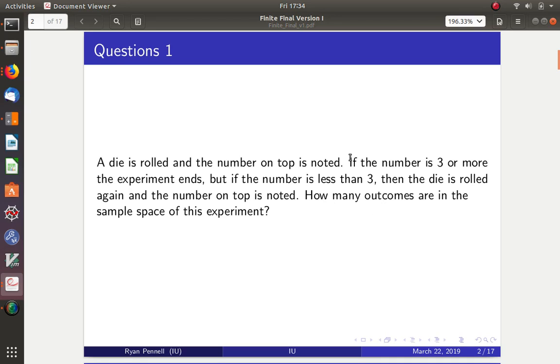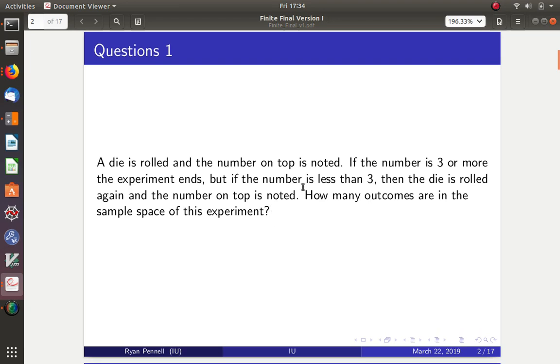Okay, let's understand the rules of the game. If the number is 3 or more, the experiment ends. Okay, well this is a normal die. So if the number is 3 or more, that means it's 3, 4, 5, or 6. That's 4 different ways. If the number is less than 3, 1 or 2, then the die is rolled again and the number is noted on top.